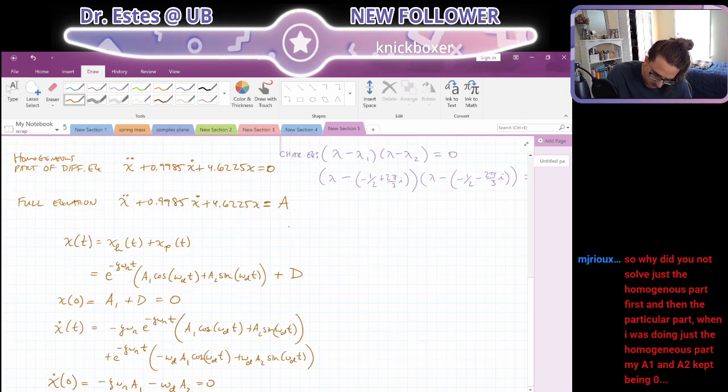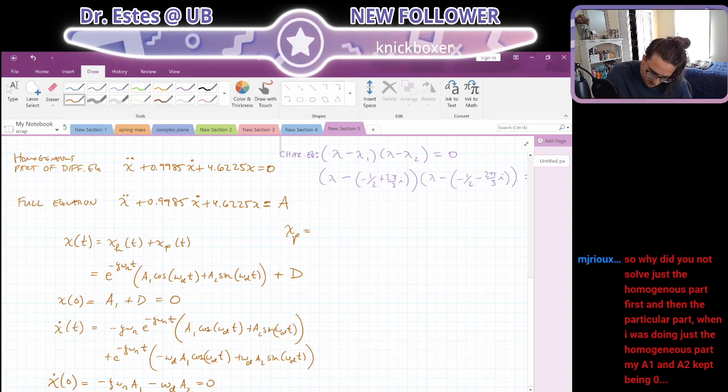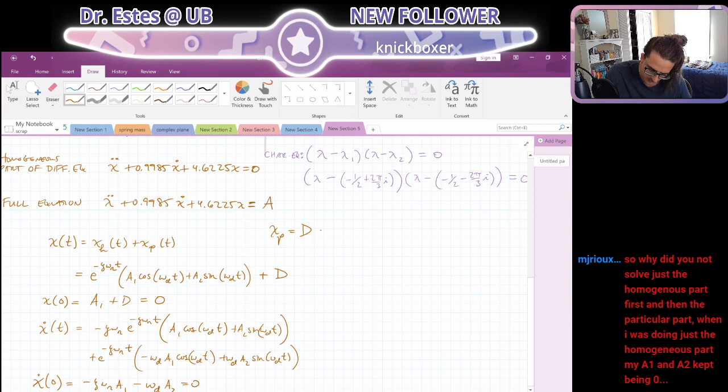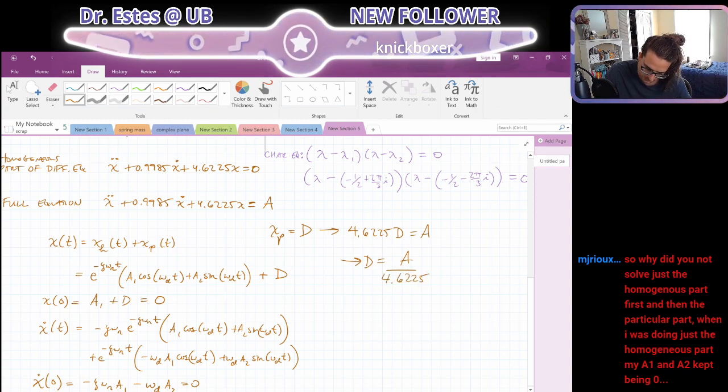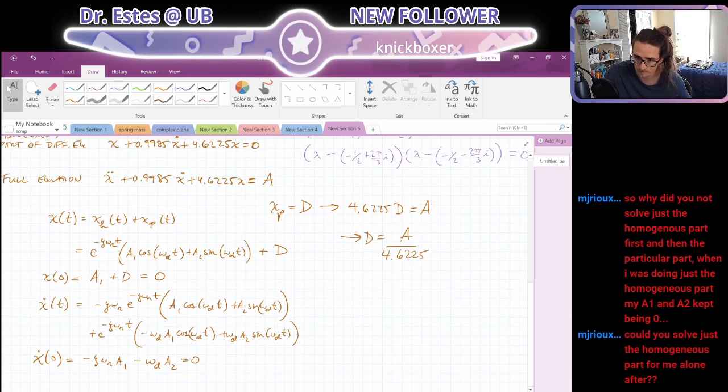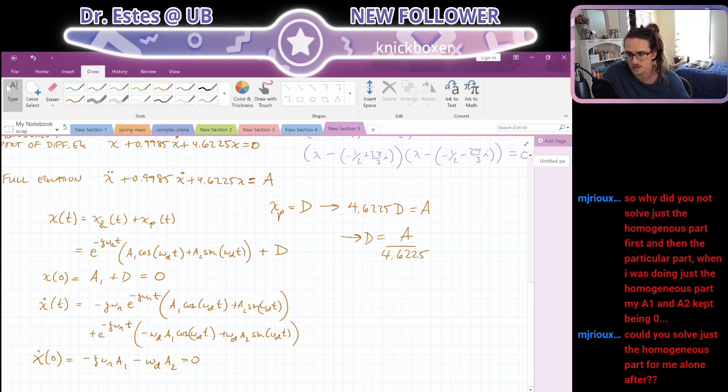Okay, so the particular solution is some d. So if I plug this into the original equation, 4.6225 d equals a. So d equals a over 4.6225. And could you just solve the homogeneous part for me alone? Oh, yeah.